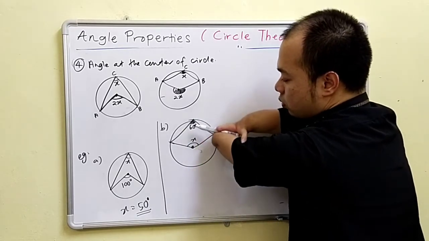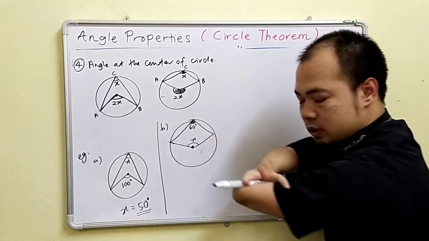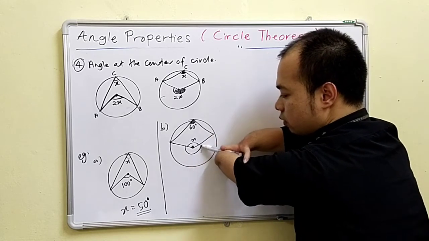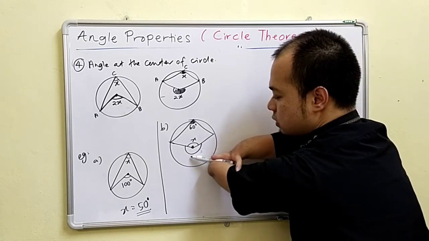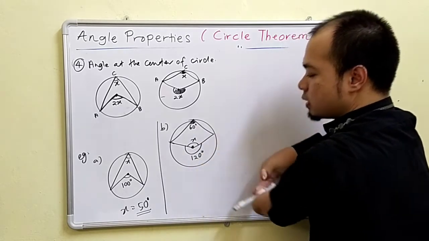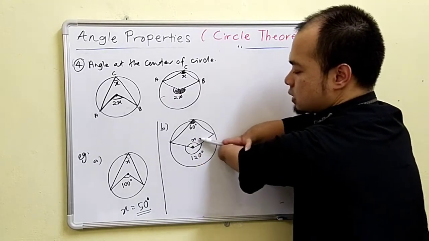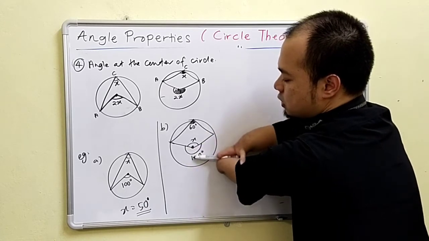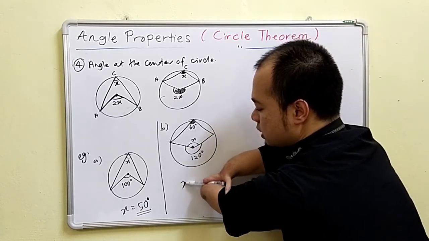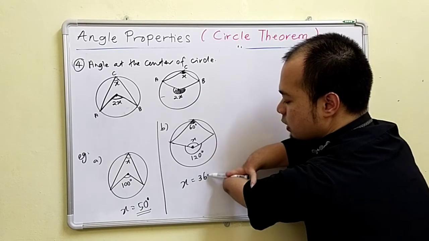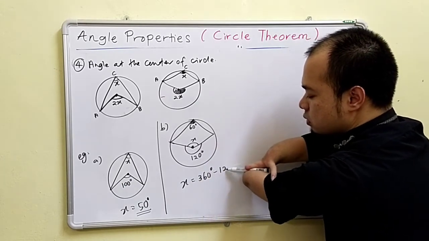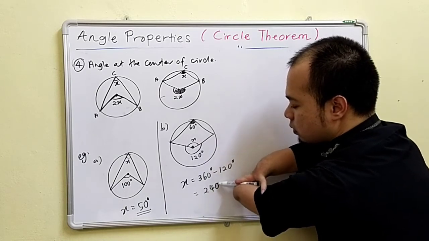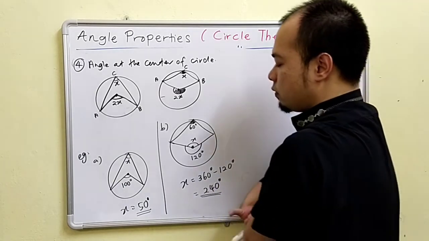So where is 120? It's not x. 120 is right over here. So this is 60, this is 120. Since this is a circle, we know the complete circle is 360, so x is equal to 360 minus 120, which is equal to 240 degrees.